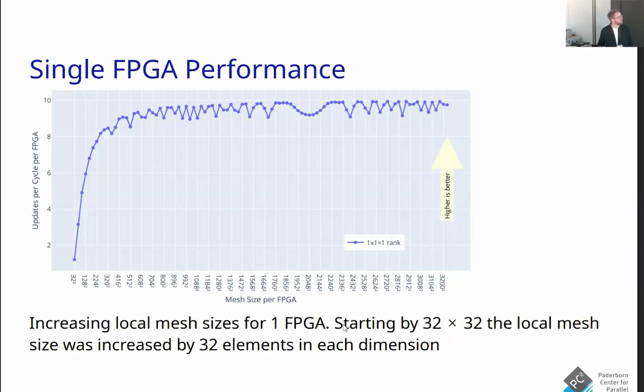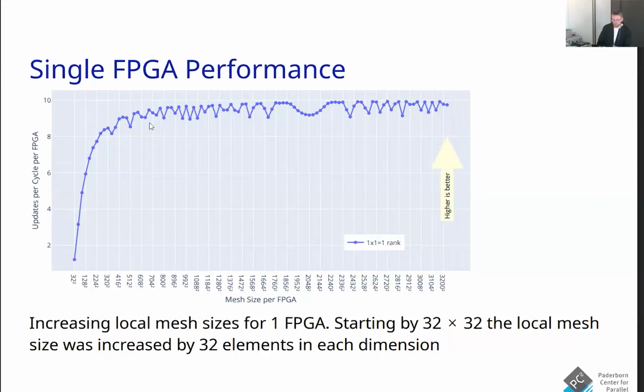Okay, first looking at the single FPGA performance. So you see here the updates per cycle per FPGA. So I told you that the compute loop is unrolled 16 times. So ideally, we could get there 16 updates per cycle per FPGA. But there are quite a few effects here.